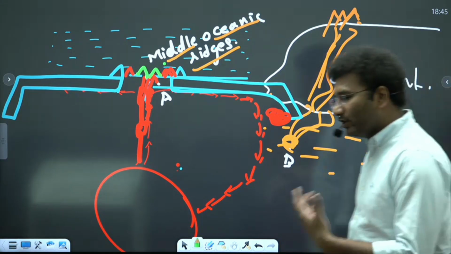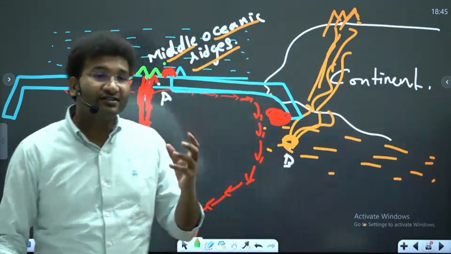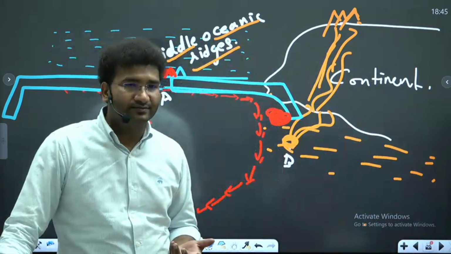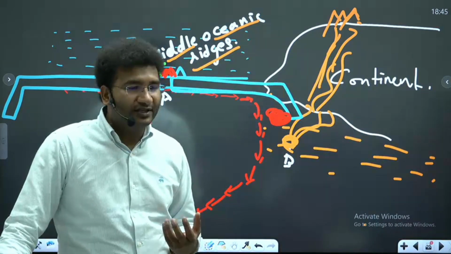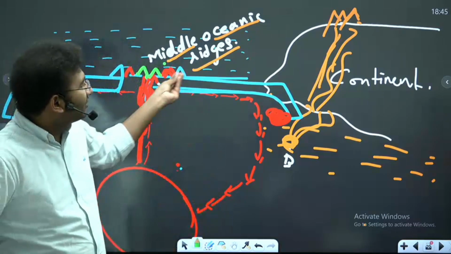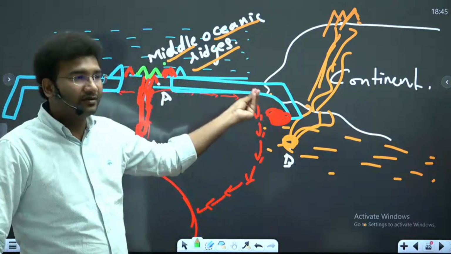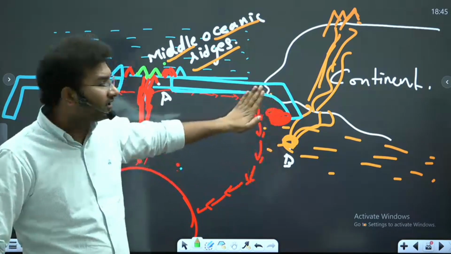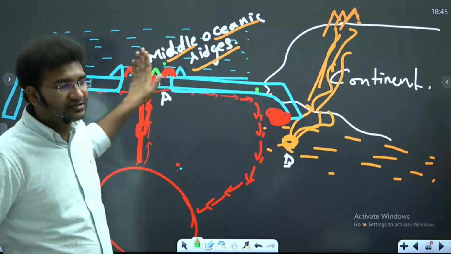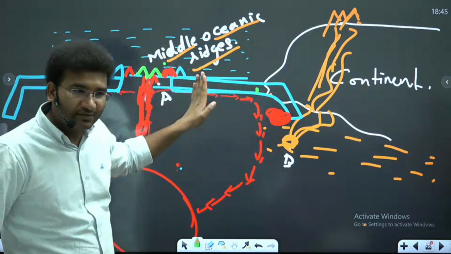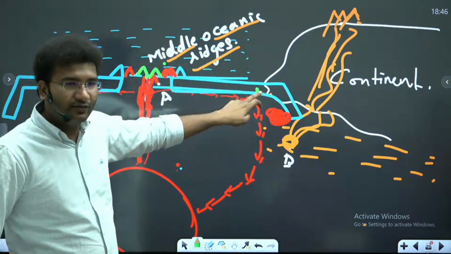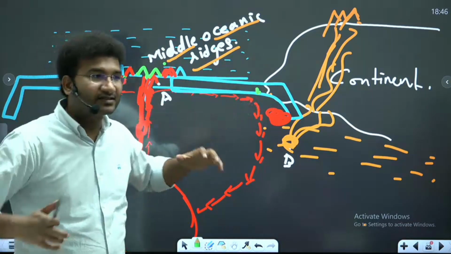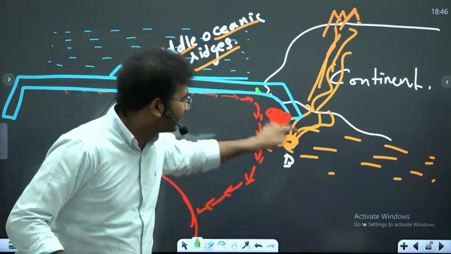Yes, with cooling rocks, the structure of the rocks can change. Right? So in that manner, when the cooling of the rocks takes place near the trenches, not at the trenches, beyond the trenches it again gets melted. This is the older oceanic floor, this is the younger oceanic floor. Sometimes the older oceanic floor's density is more than the asthenosphere.